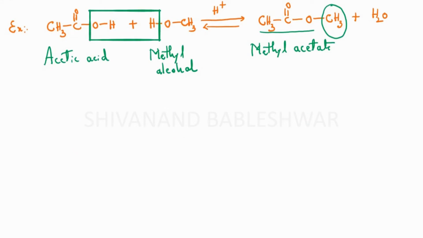Now let us have another example by taking an aromatic carboxylic acid, that is benzoic acid, C6H5 C double bond O OH. Let us treat it with methanol again, OH followed by CH3, in the presence of acid catalyst, where the reaction is under equilibrium.